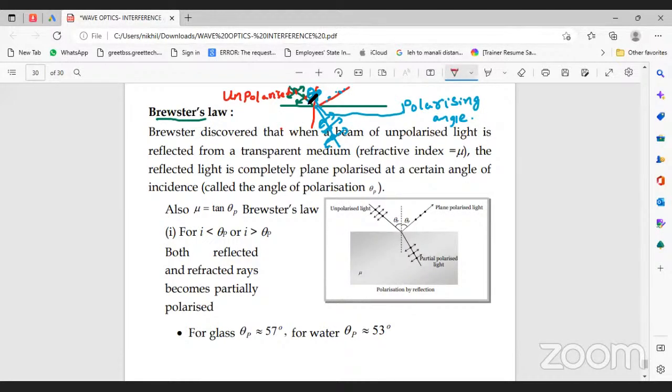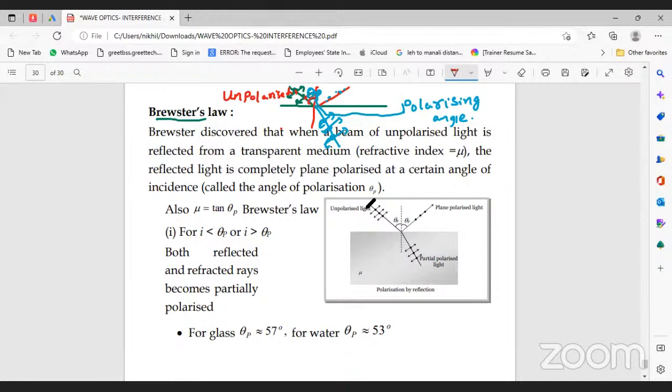For what angle of incidence the reflected ray gets completely polarized, that angle we call the polarizing angle. So what is the polarizing angle? It is the angle of incidence for which the reflected ray is completely polarized.